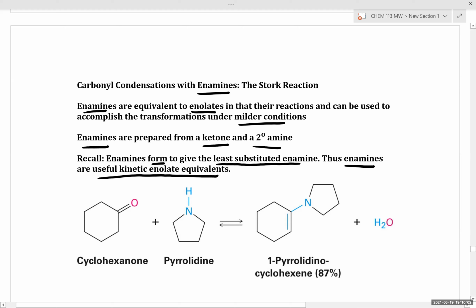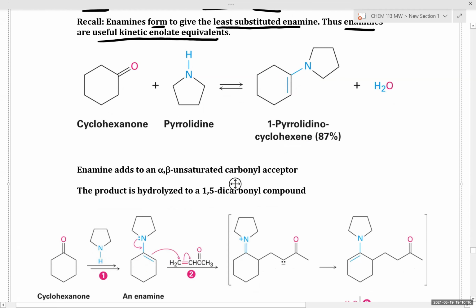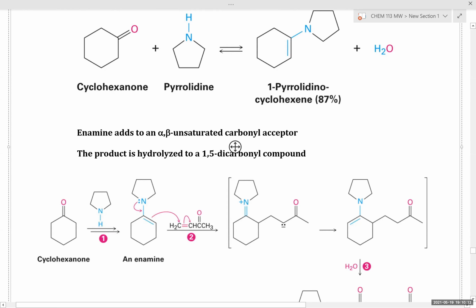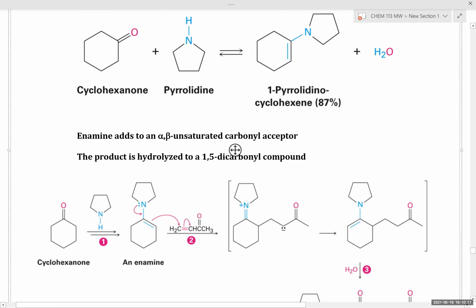Carbonyl condensation reactions involving enamines are known as the Stork reaction. So for example, if we take cyclohexanone and we treat it with pyrrolidine, we can prepare the pyrrolidine enamine. This enamine functions as an enolate equivalent and can participate in conjugate addition reactions.